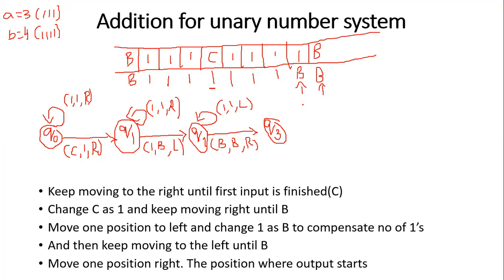We are replacing C with 1, and that gives one extra 1, so to compensate, we change the last one to a blank symbol to get the required number of ones. It is always good practice to go back and stop at the position where your output actually starts.